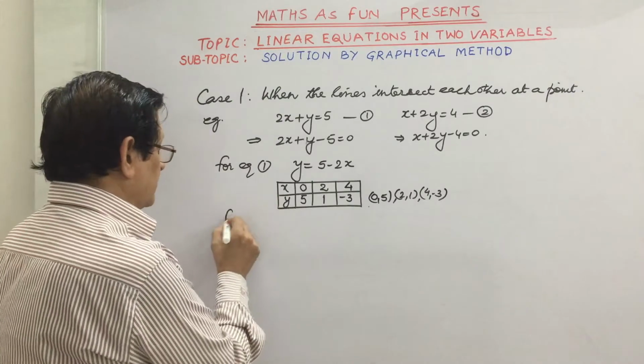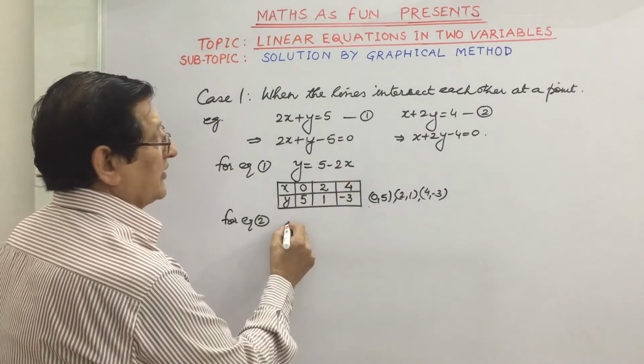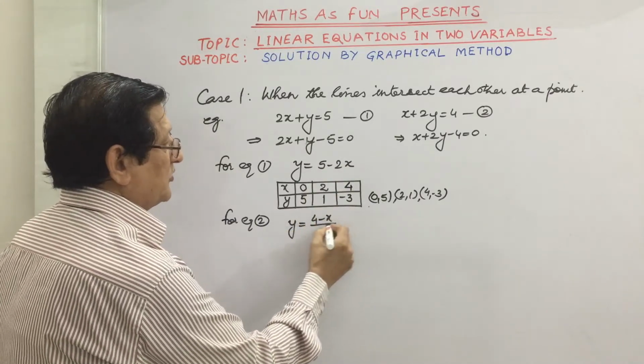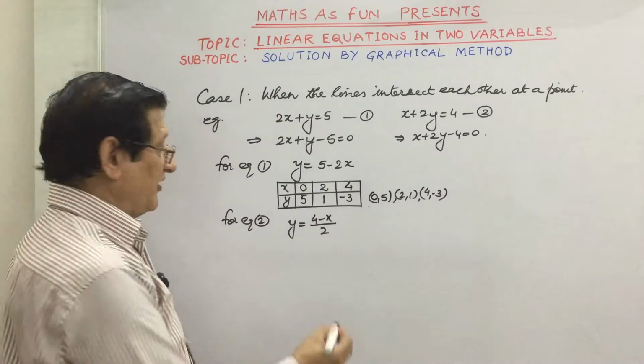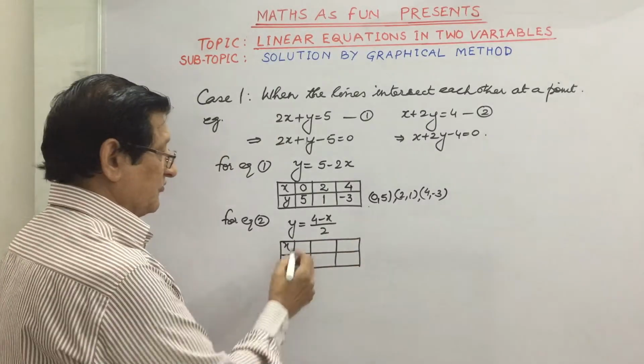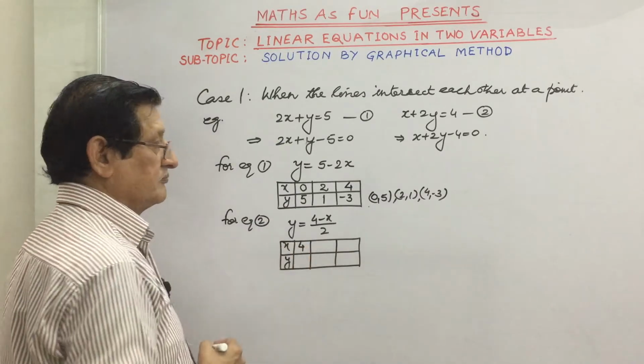Now we go for equation number 2. We are getting y equal to (4 minus x) upon 2. When we make the table for 3 points, suppose we take the value of x as 4.